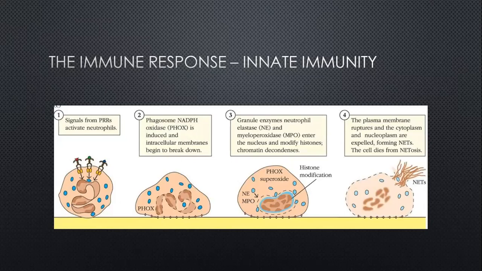So as soon as these molecules are there, the immune system is going to identify these pathogens by the recognition of each specific toll-like receptor and some other types of PRR.